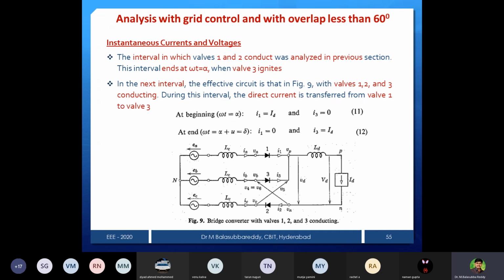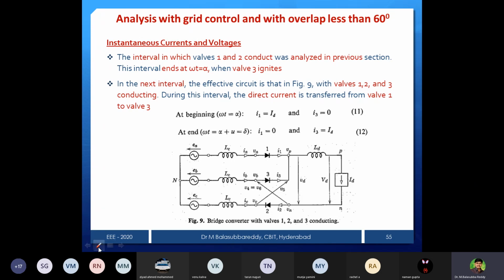Once overlap has ended, 1 will be off and not connected anywhere, and then 2 and 3 will conduct. 1 2, then 2 3, so 2 3 will conduct. That diagram is the same as the previous equivalent circuit, with 2 3 instead of 1 and 2. But now this is the other diagram.